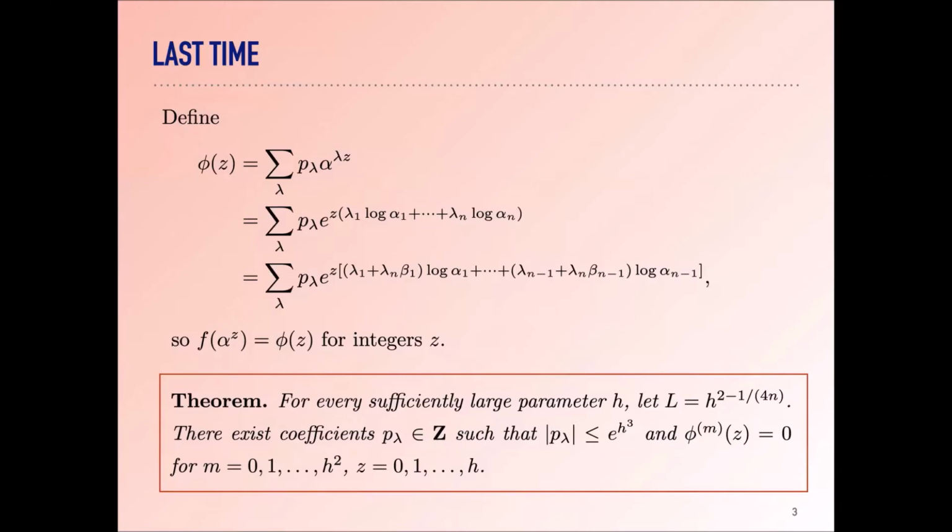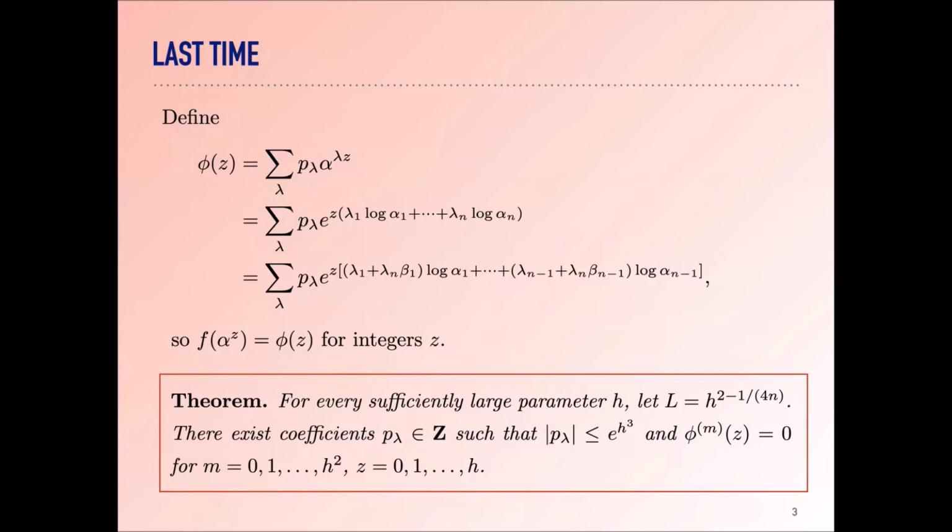All right, so we are able to express this function, the sum of p lambda alpha to lambda z, in terms of these n minus 1 terms, log alpha 1 through log alpha n minus 1, with these coefficients, the beta i's.